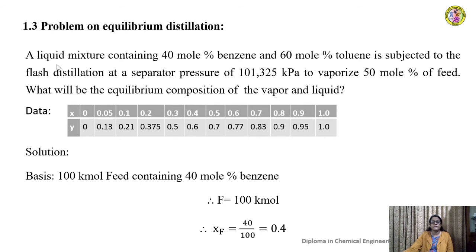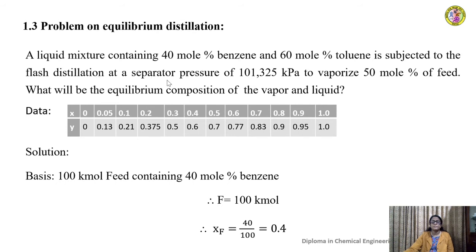So a liquid mixture contains two components, benzene at 40 mole percent and toluene at 60 mole percent. This binary mixture of benzene and toluene will be subjected to flash distillation.